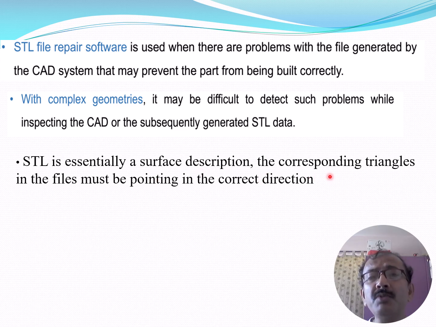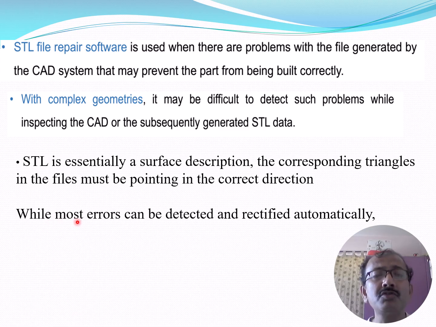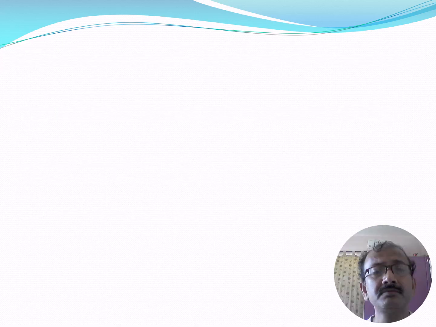The corresponding triangles in the file must be pointing in the correct direction, so that the STL must represent the entire surface. While most errors can be detected and rectified automatically, if any error is detected, it can be rectified automatically.